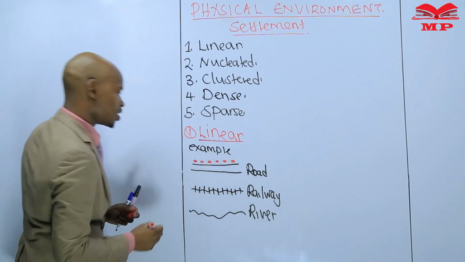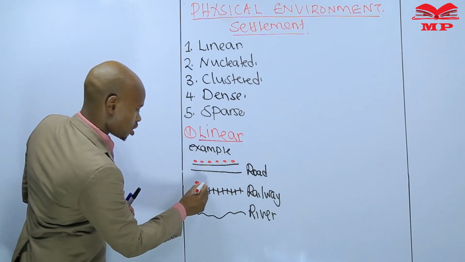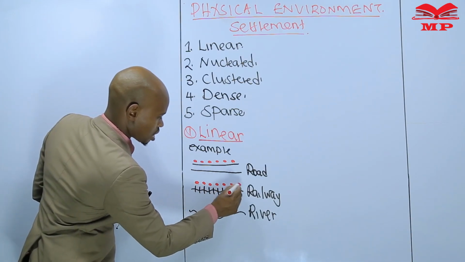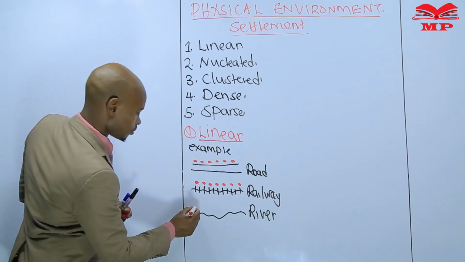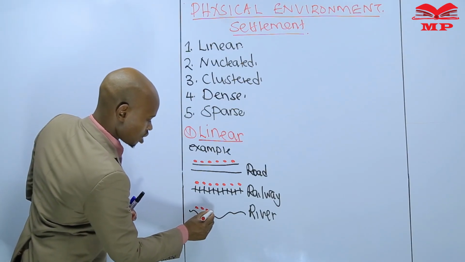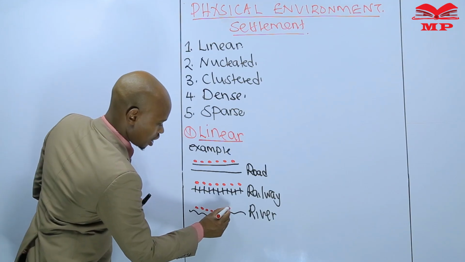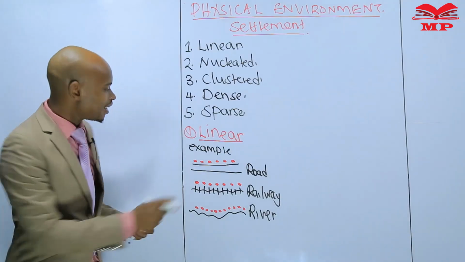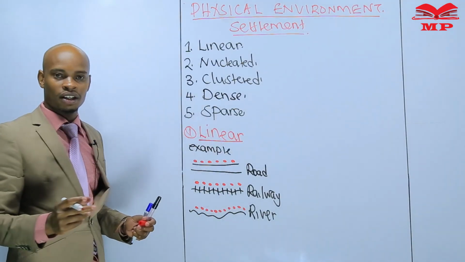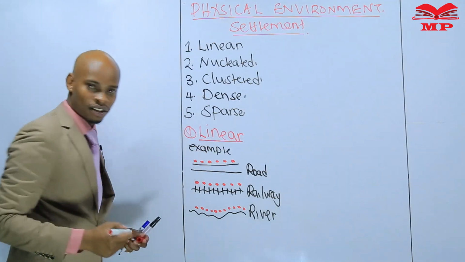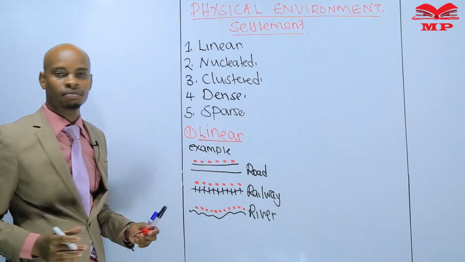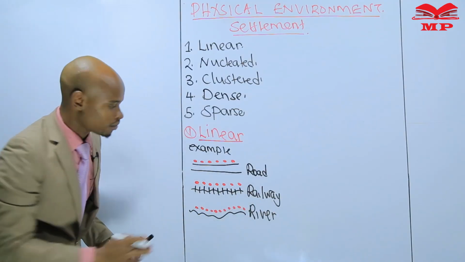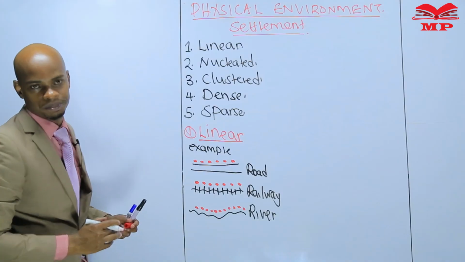They are following the road, or perhaps they are lining up along the railway, or probably they prefer living along the river. Linear settlement. From the name line, they follow a line. Along the road, along the railway, along the river. Just to give an example.